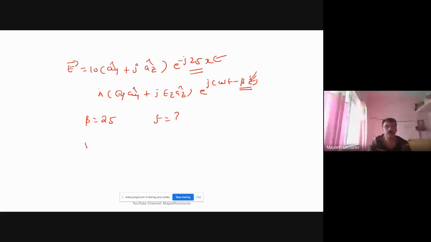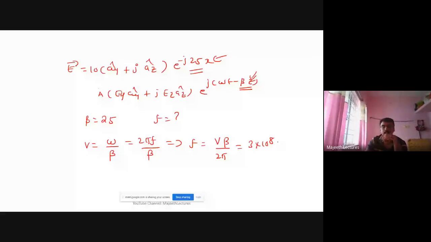We know v is equal to omega by beta, so v is equal to 2 pi f by beta. This implies f is equal to v into beta by 2 pi. V is 3 into 10 power 8, beta 25, divided by 2 pi. It is approximately 1.2 gigahertz. Fine, so 1.2 gigahertz. So these two are wrong.